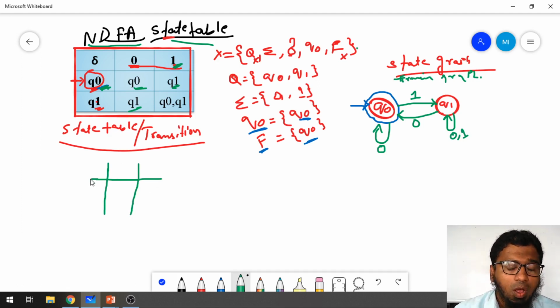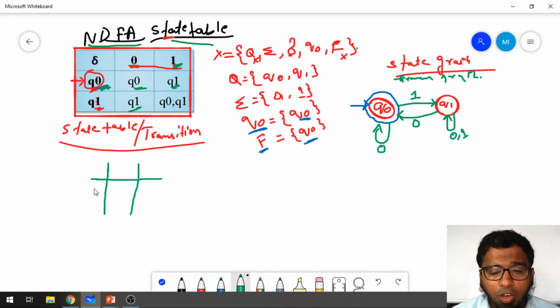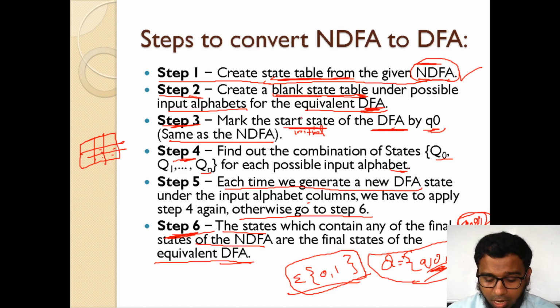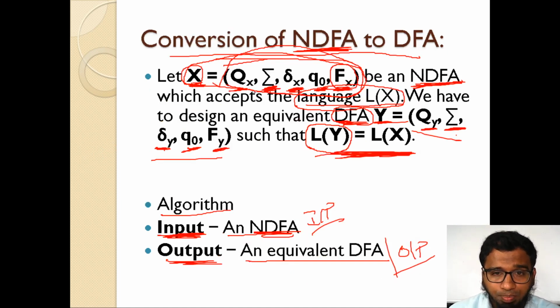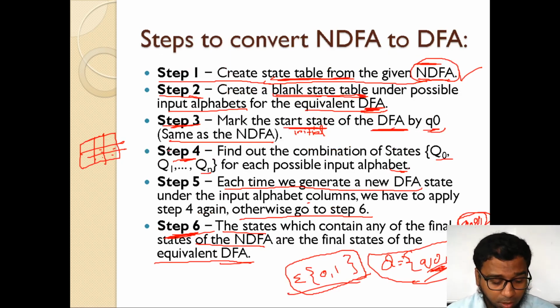Now here we need to draw the equivalent, like I told you, Q, sigma, delta, Q0, F, the same thing.